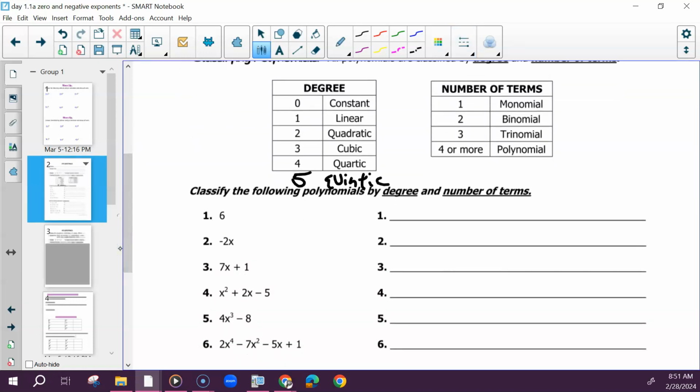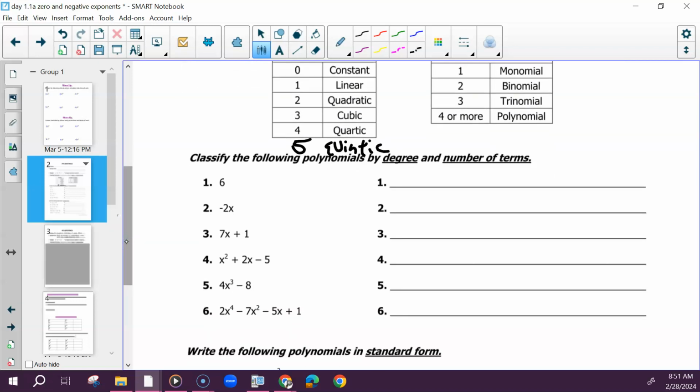So we're going to classify these by the degree and number of terms. 6 would be what degree and what number of terms? Constant, and which of these? Monomial. Constant because there's no x. There's no exponent.